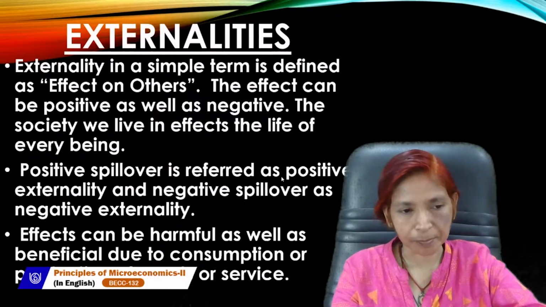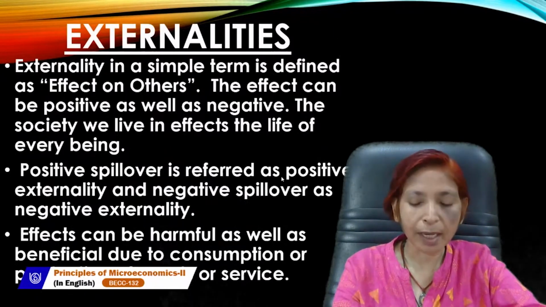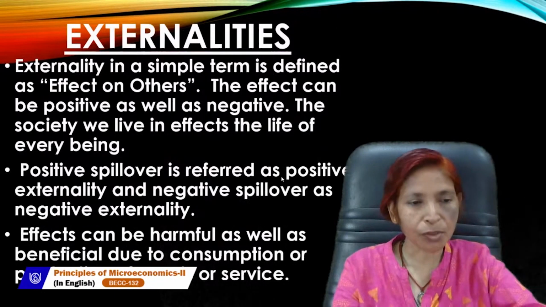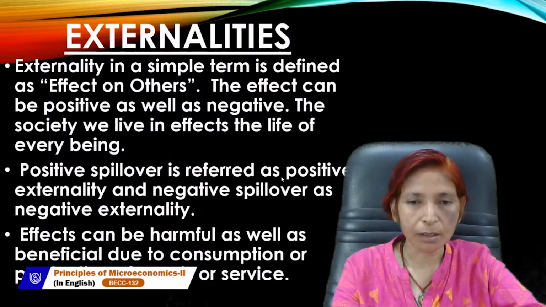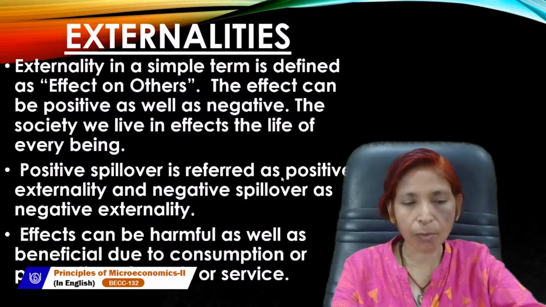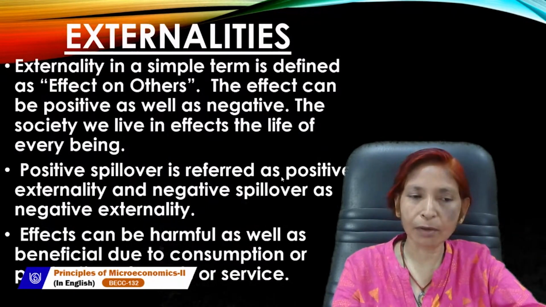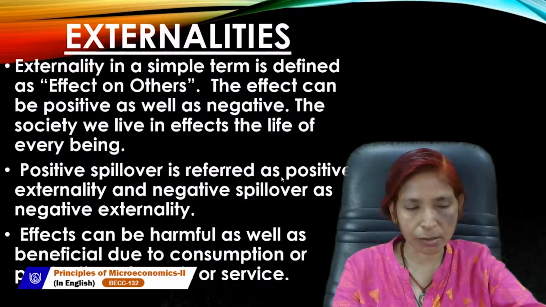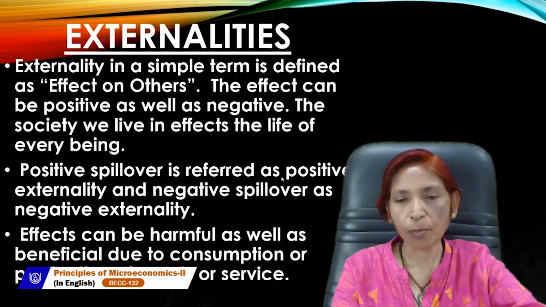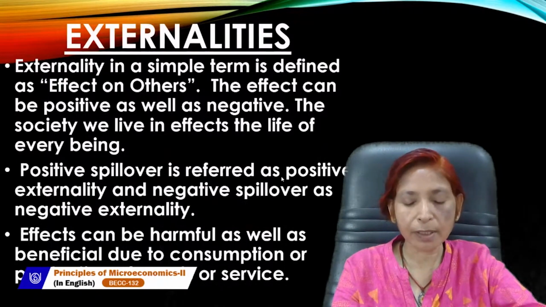That is called negative externality. So effects can be harmful as well as beneficial due to consumption or production of goods and services. That's why externality may be positive or negative. Positive spillover is referred to as positive externality and negative spillover is called negative externality.